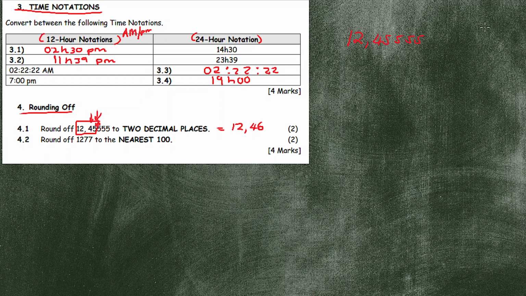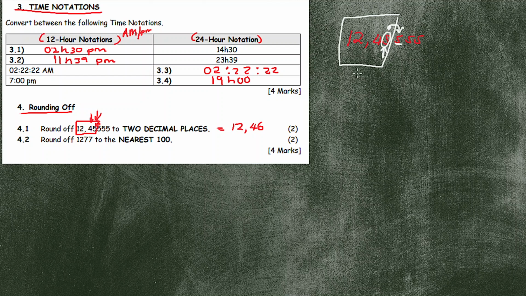Let me try using a different color. So it's 12.4555555. We want to round off to 2 decimal places. This 5 should be rounded off. Since the next number after this 5 is bigger than 4, which is 5, I'm going to round up this 5.